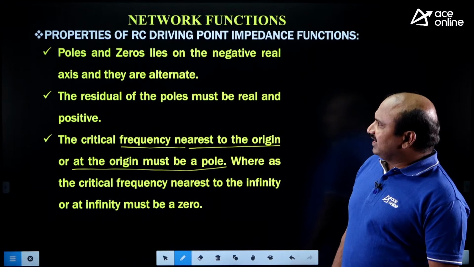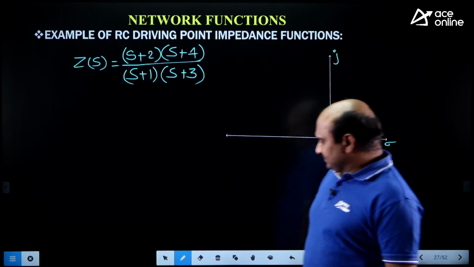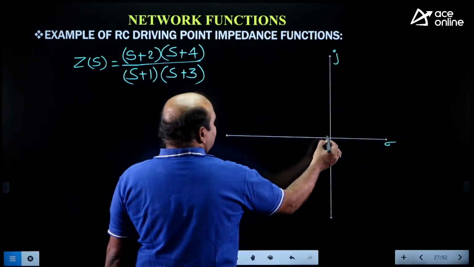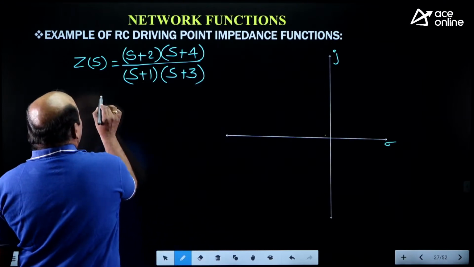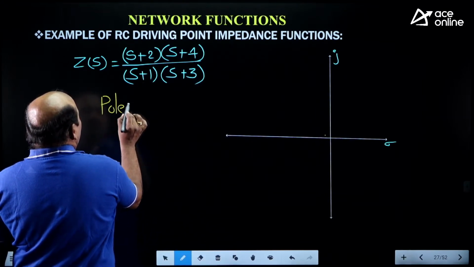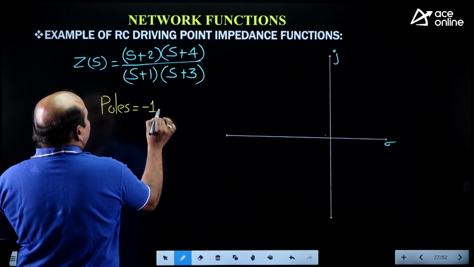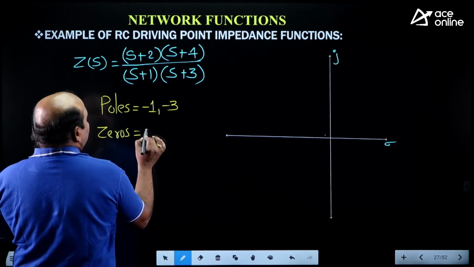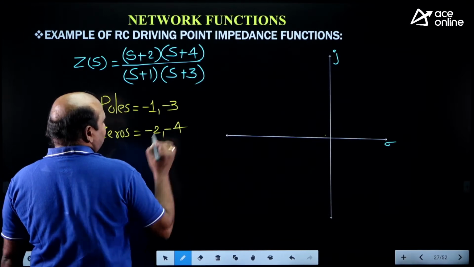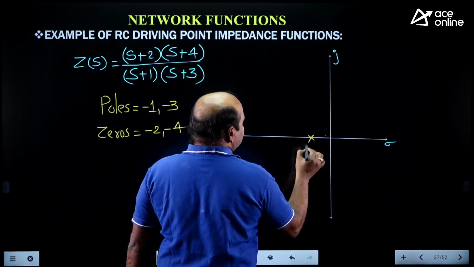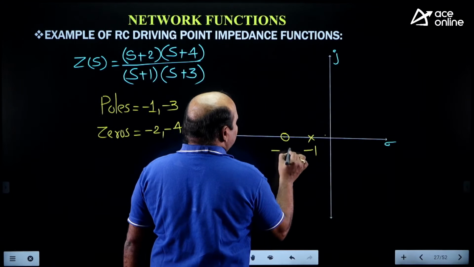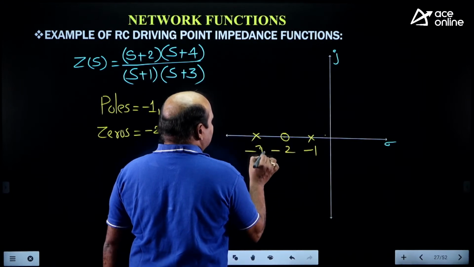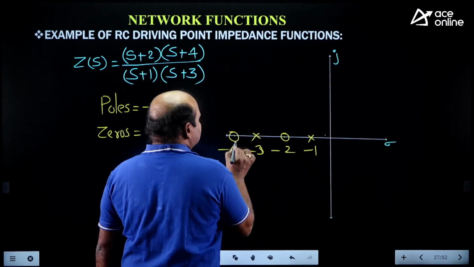Now let me take the example for this one. Are you getting it? Example: the poles here are -1, -3. Zeros are -2, -4. First one is pole, next one is zero, next one is pole, next one is zero.